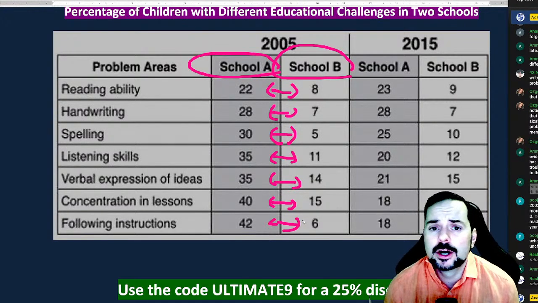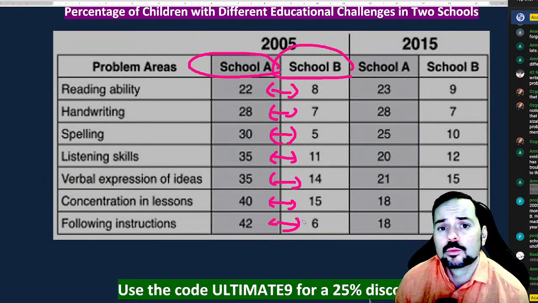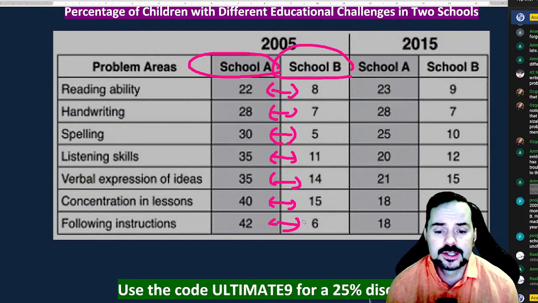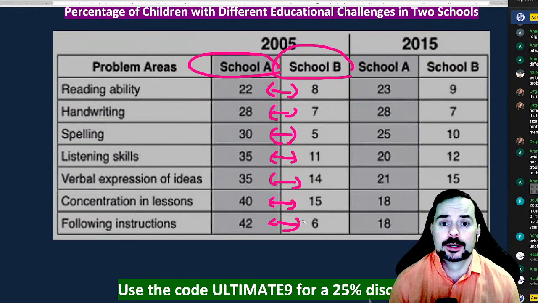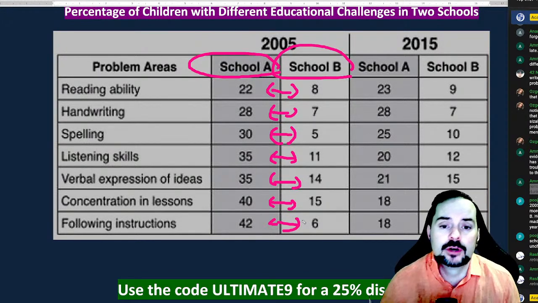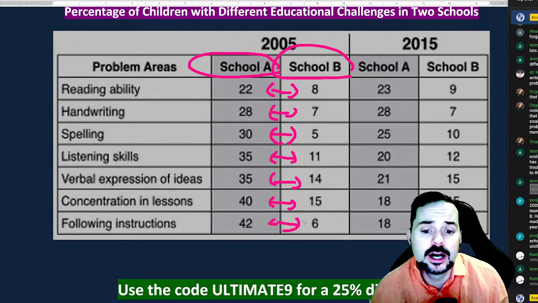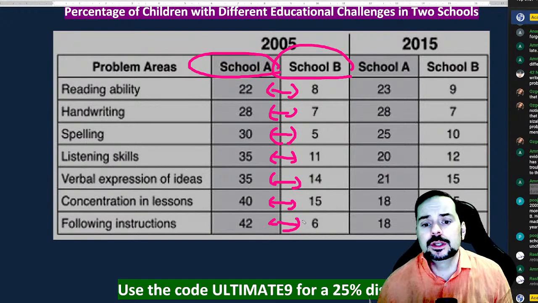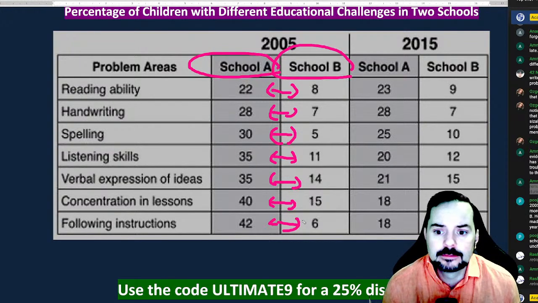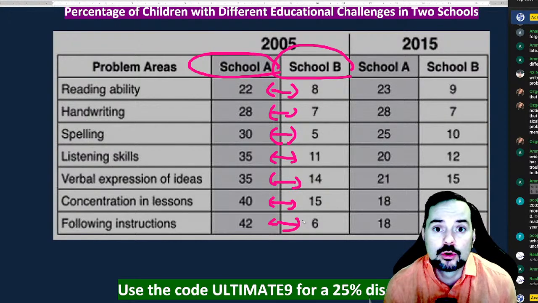But even in 200 or 220 words, you cannot discuss all of these data points, okay? It's really important. Don't try to discuss all of these data points because you will run out of time. So you can only look at the main points, the most important points.